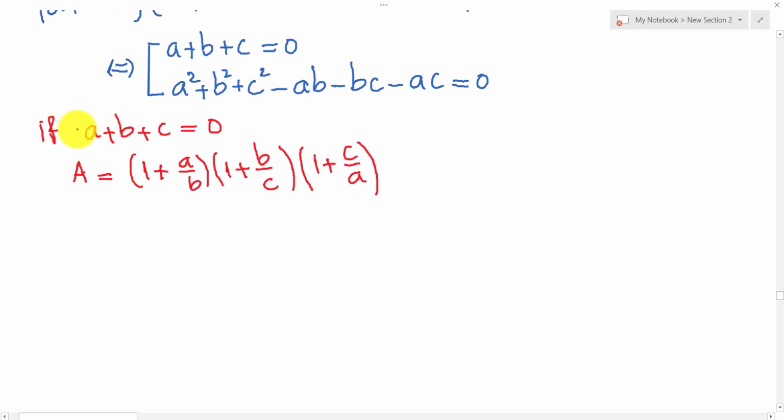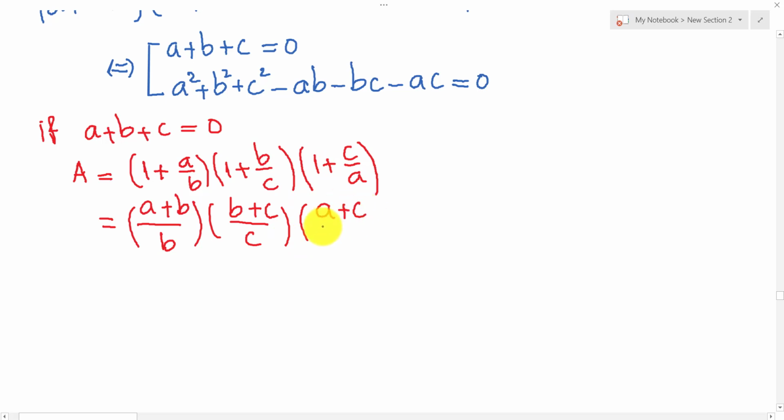Now I use the equation a plus b plus c equals 0 to find the value of expression A. So we get (a plus b) over b, multiplied by (b plus c) over c, multiplied by (a plus c) over a.